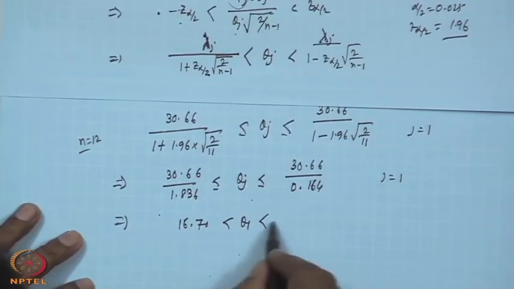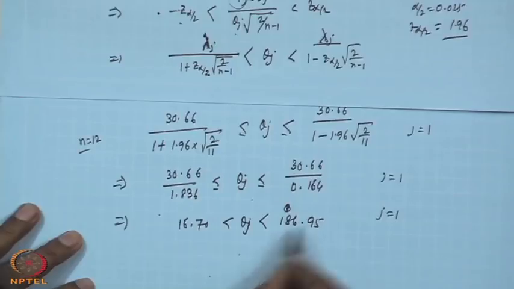So if I write theta j, also with j equal to 1 here, then this value is 186.95.